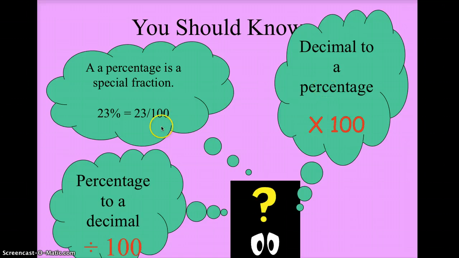Now, from percentage to a decimal, you just divide your 23% by 100, and when you do, you will get 0.23 or 23 hundredths. Whereas from decimal to a percentage, you just multiply it by 100 or move the decimal point to the right by 2 places. That is the summary of our review of converting percentage, decimal, and fraction in different ways.